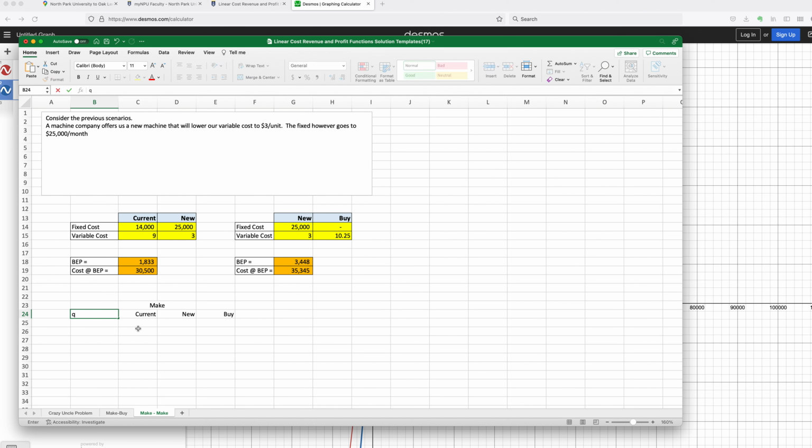Let's just make it easy. We'll call it quantity. And what should we call all this stuff? What are we calculating? Let's just look at our profit. Let's merge those cells and call it profit. Okay.